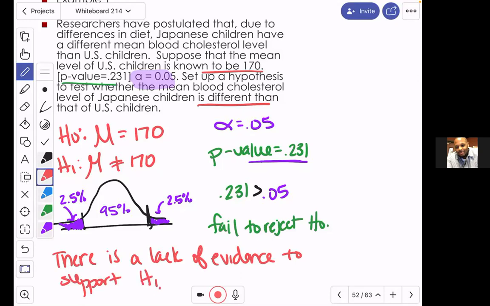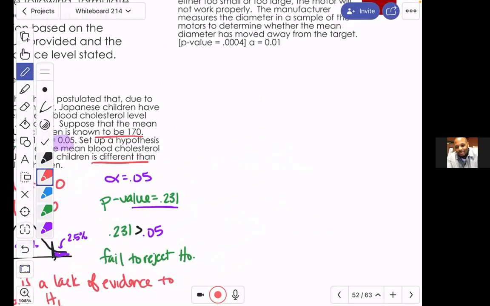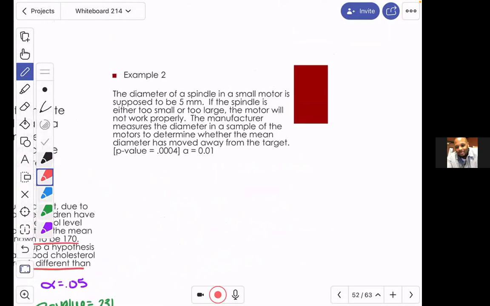That's why we fail to reject it. All right. So the p-value is bigger than alpha, we fail to reject. Well, now look at this next one.